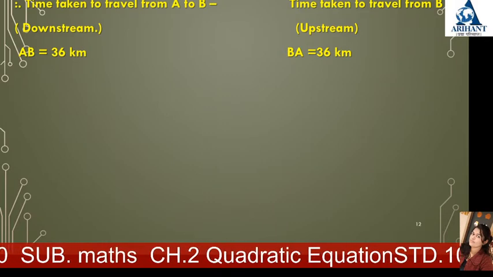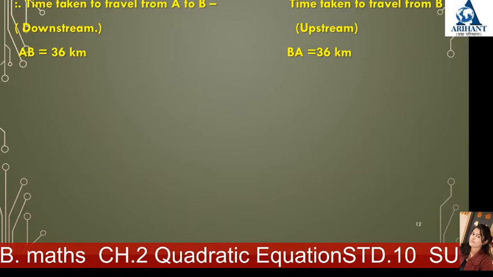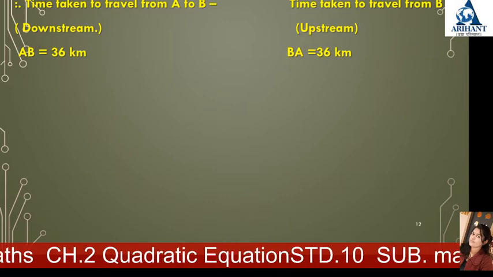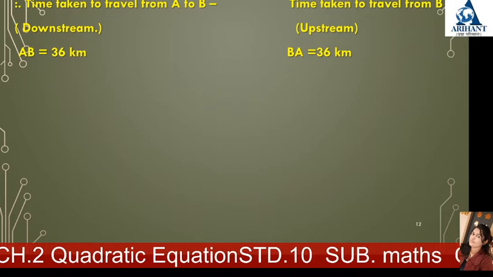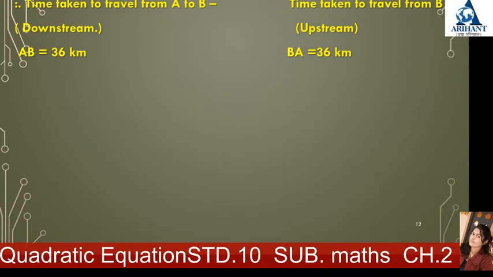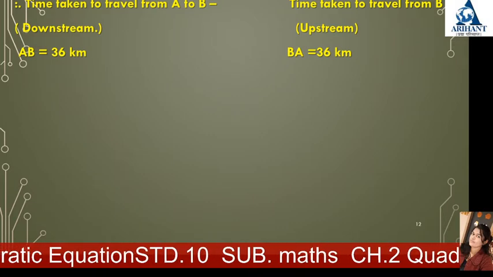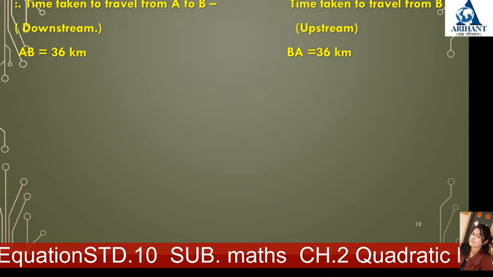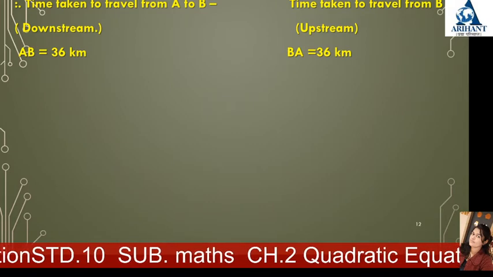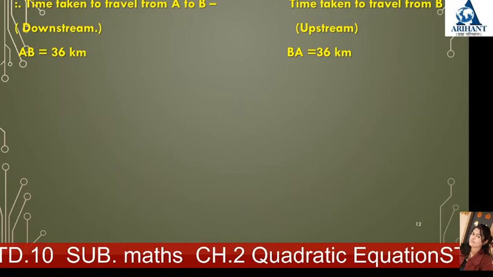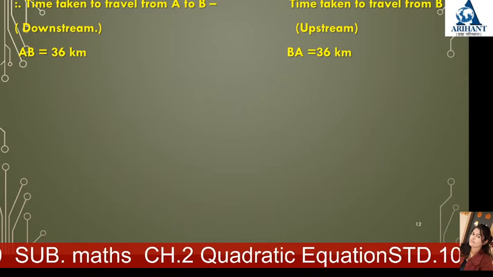And the next, time taken to travel from B to A. From B to A is the same distance, upstream, because for the downstream he traveled the same distance. So BA is equal to 36 km.